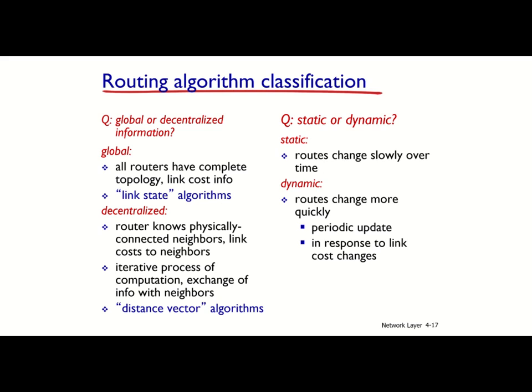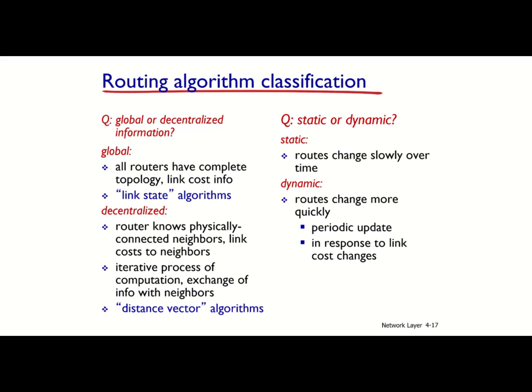The good thing about decentralized algorithms is they are much less costly than the global information routing algorithms. Obviously, if you have a super gigantic network like the internet, making routers know all the information about the whole network is practically impossible.